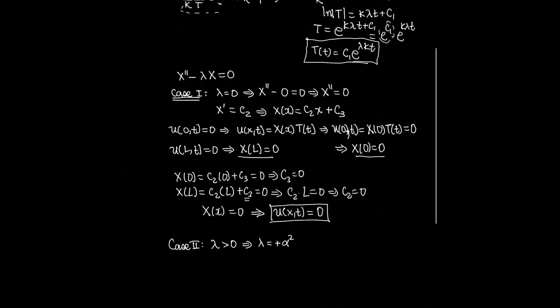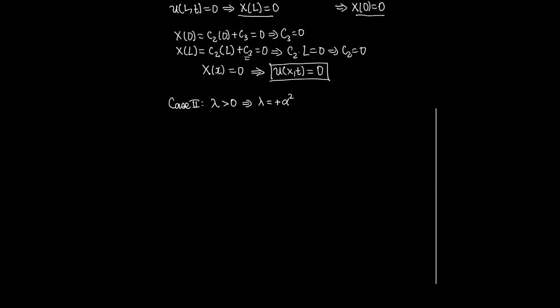So from there, I have alpha squared X equal to 0. Then from the characteristic equation, you have r equal to plus or minus alpha.